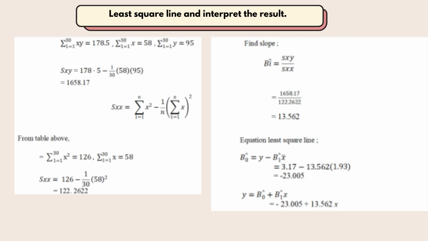So we calculate beta naught, we get negative 23.005. So lastly, y equals beta naught plus beta one x, we get negative 23.005 plus 30.562x.